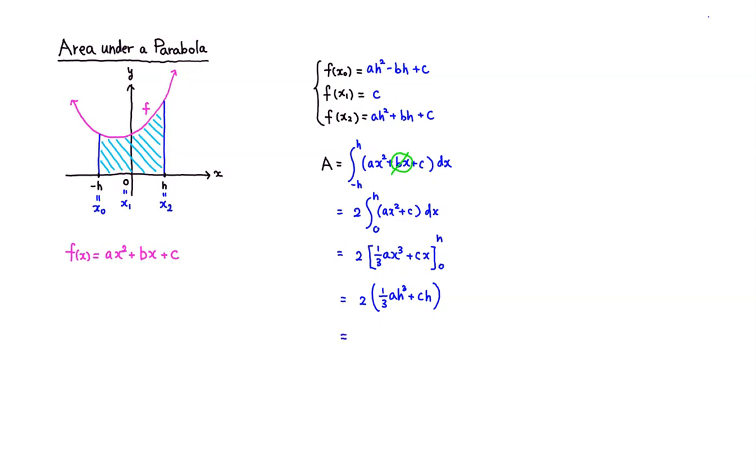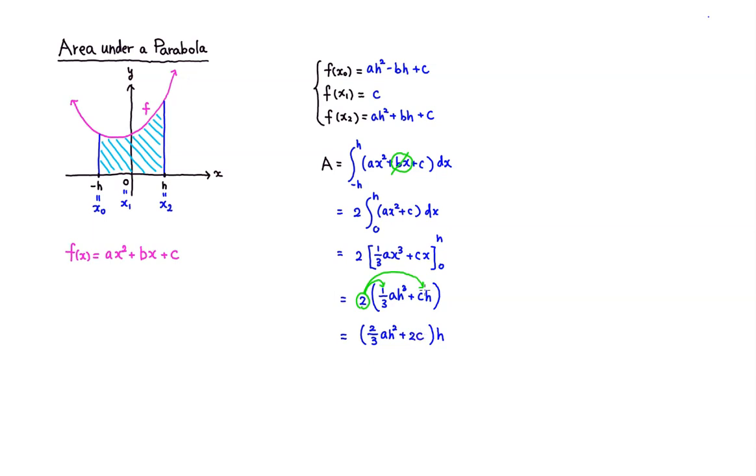First, I'm going to distribute 2 to both of these terms, and at the same time, I'm going to pull out the h from both terms, so I'll put the h right at the end. Then you have 2/3 a h squared plus 2c.